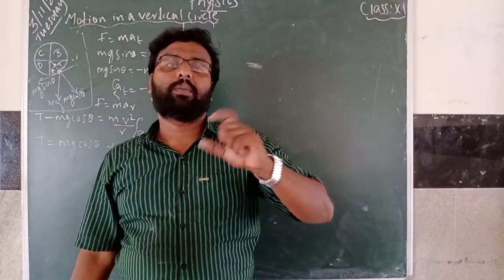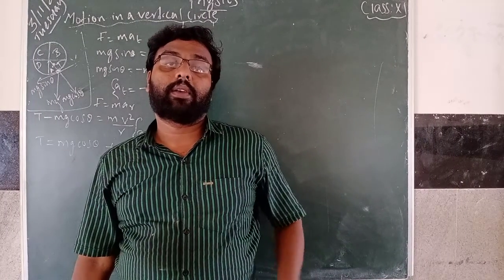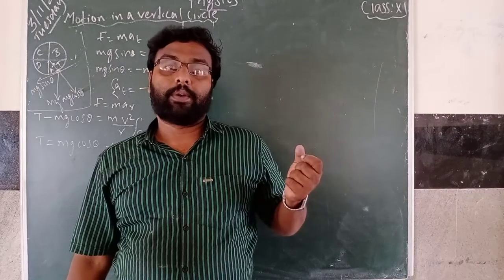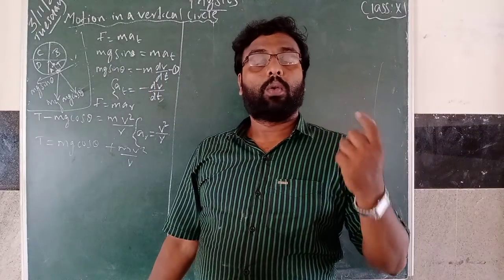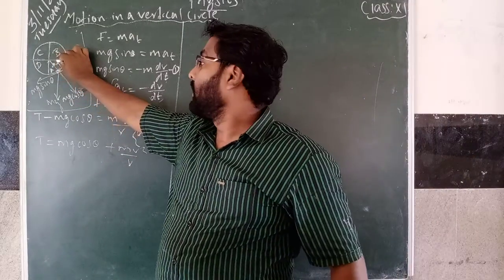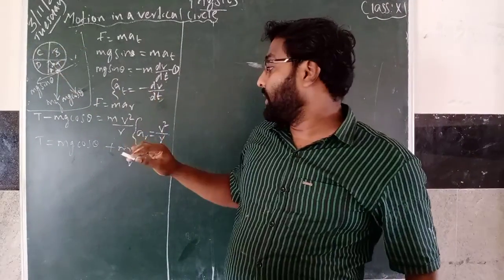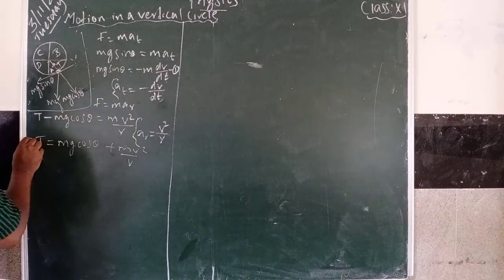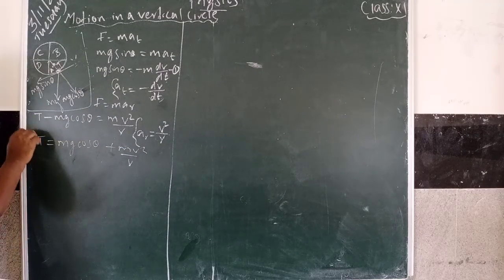Always the theta value will be positive, so cos theta will get a positive value, between 0 and 1. This type of value we will get.